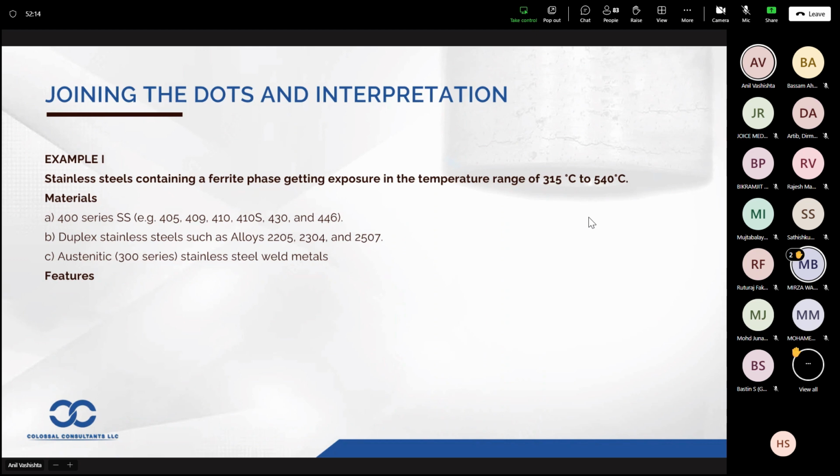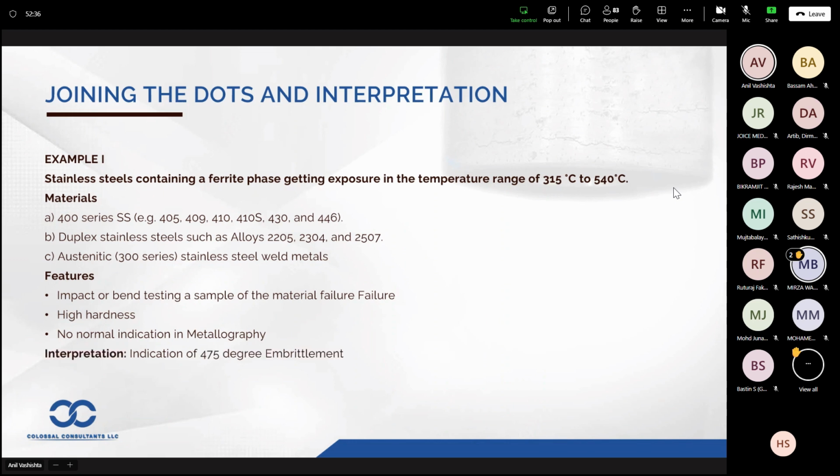When you do the lab analysis, you see that the impact specimens have failed or bend specimens have failed, and the material has high hardness. Normally in metallography, you don't see any abnormalities. You do the interpretation that the cause of the failure could be 475-degree embrittlement.